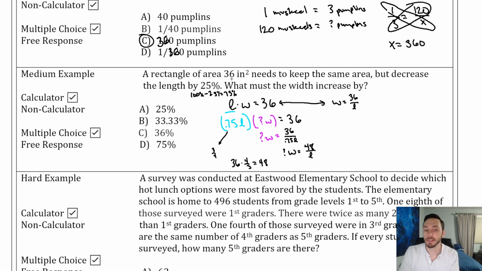There's another way of doing this that I'll also show. If I know that my width is equal to 36 over L, I can just plug this in.